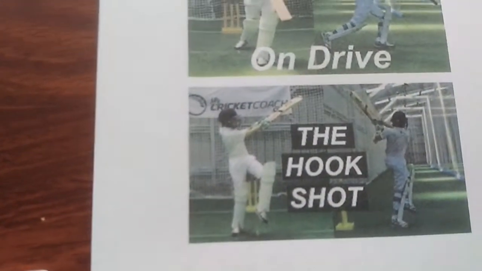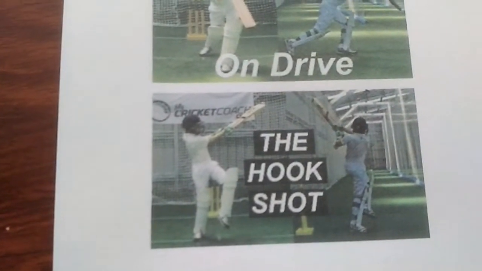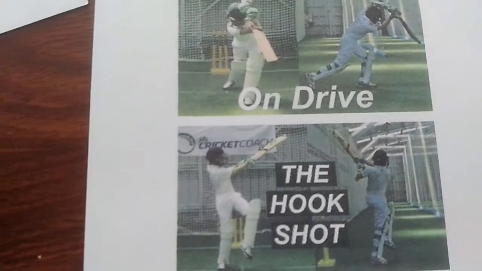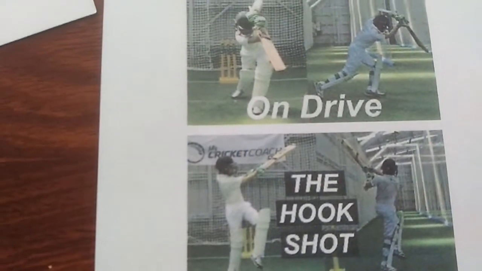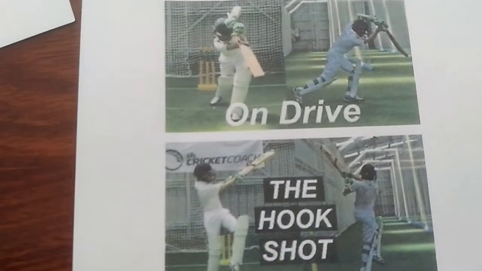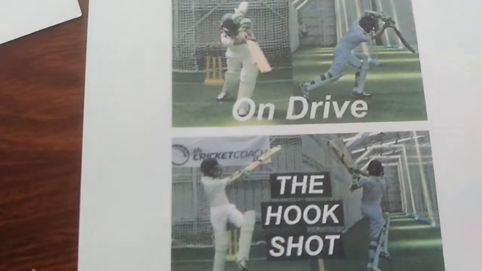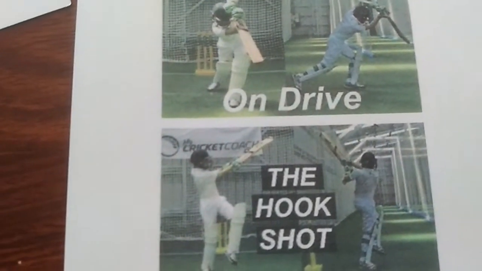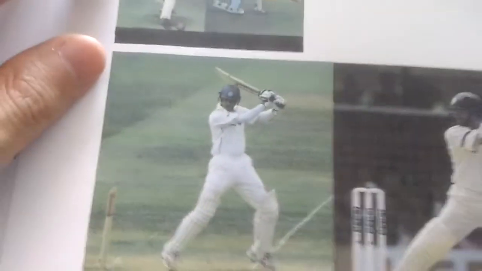It's basically the same length as a cut shot would be, but instead of swatting it away from his body, in baseball you'd call that the opposite field where you hit a cut shot. This one is coming onto the pull side, so he's pulling it around his body towards the left-hand side. Both of these shots are going to score you a lot of runs.